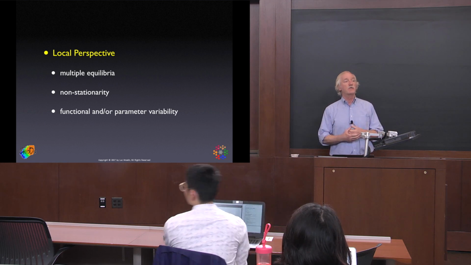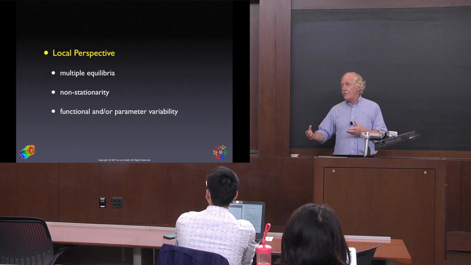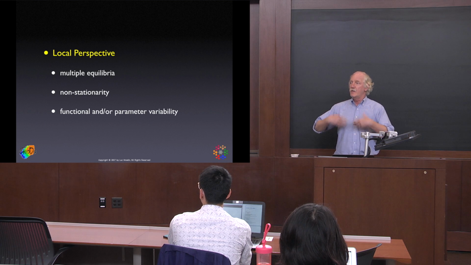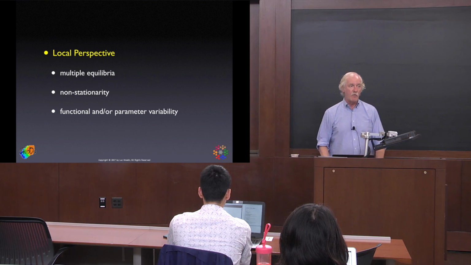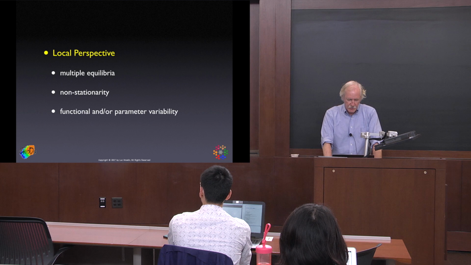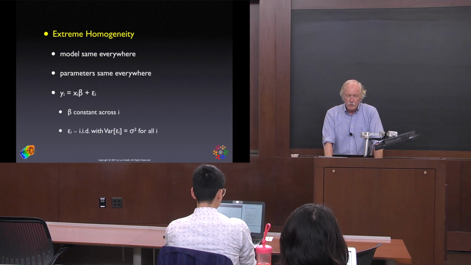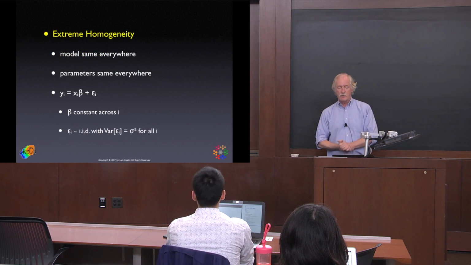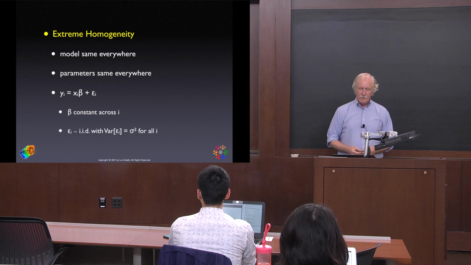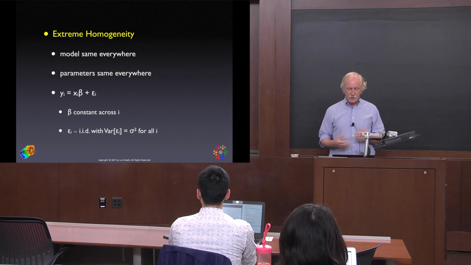If there is somehow some structure, a distance decay function or a spatial process that yields a particular form for this variance covariance matrix. So the standard expression, just to give some notation, is homogeneity. That's the typical case. Everything is the same everywhere.